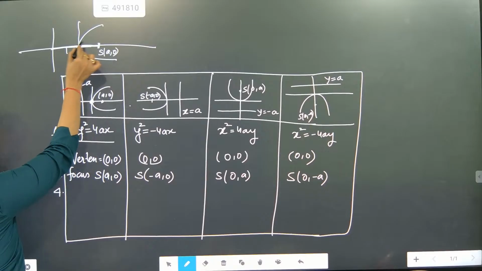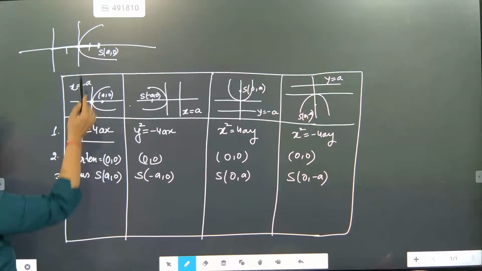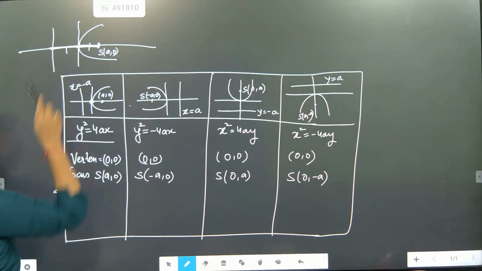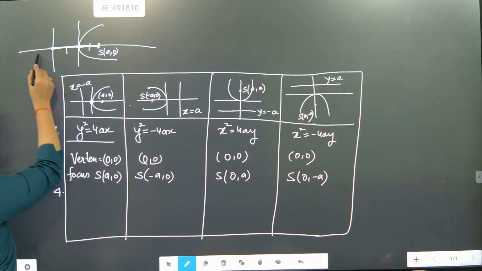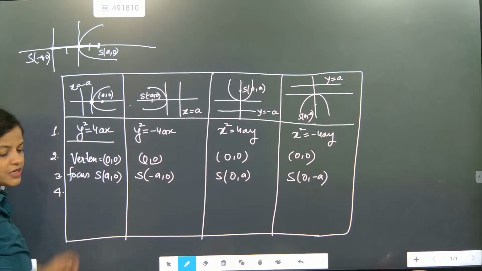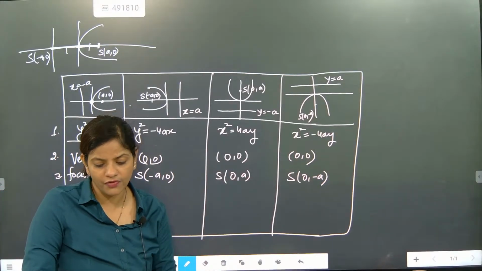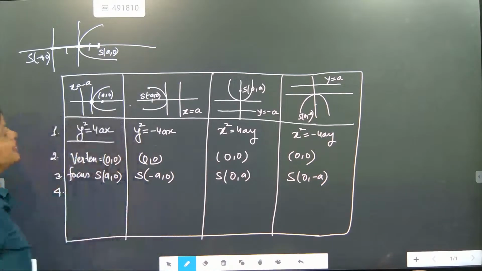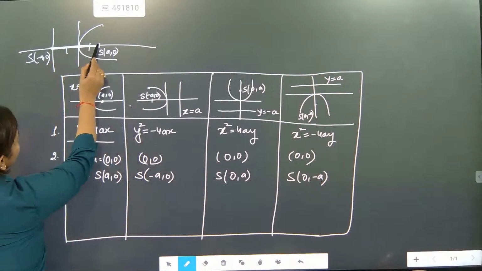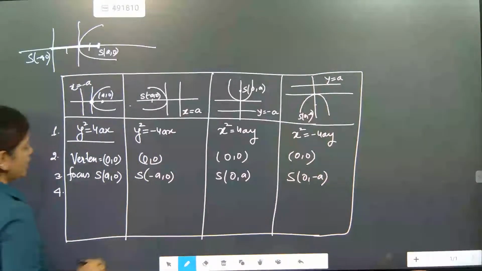This distance will be equal to this distance. If it is 4 centimeter, then this one will also become 4 centimeter. So this part will become beta minus a comma 0. Distance wise, the distance between the directrix and the focus is 2 times of a. You remember this one.